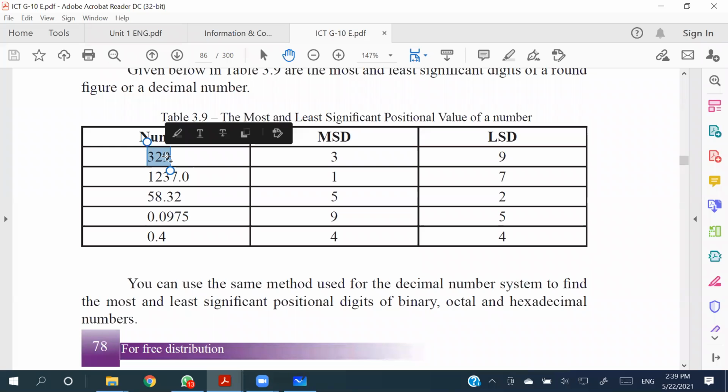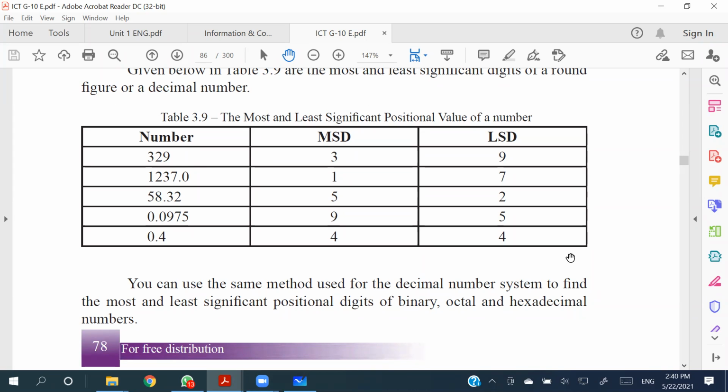You can find the least significant digit at the very right end, and there is no rule about omitting zeros. Whatever the integer, the rightmost value is going to be the least significant digit.